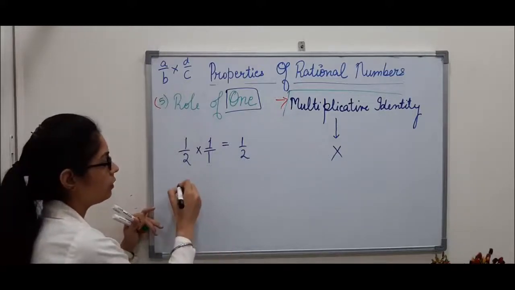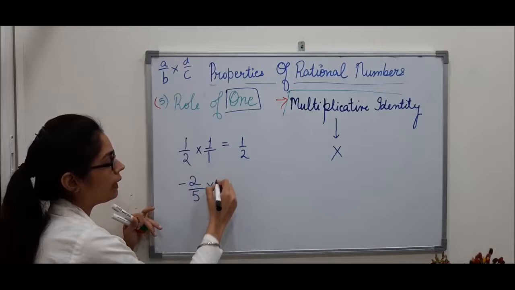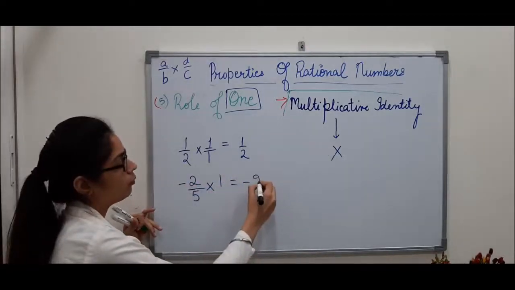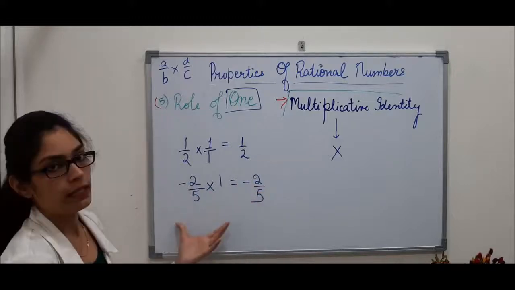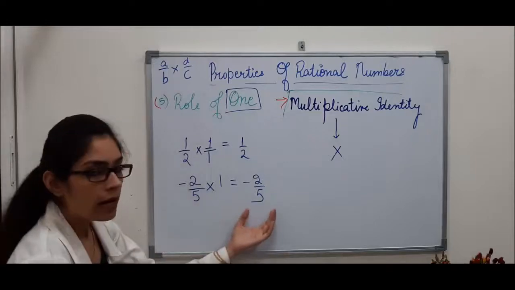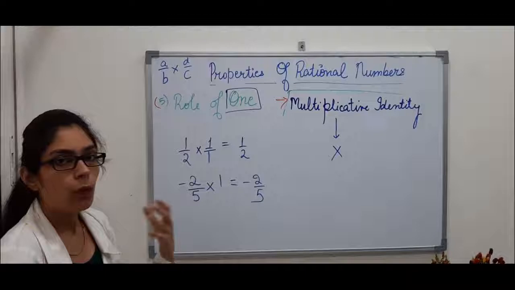Let's try with some other number also. Minus 2 by 5 multiplied by 1 will be equal to minus 2 by 5. So I can see that whenever I am multiplying any rational number with 1, I am getting the same number, which means I am getting my own identity.